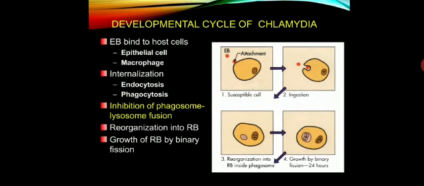Then they reorganize and convert into a reticulate body, and then the reticulate body grows by binary fission. The figure shows first the attachment of the elementary body to a susceptible cell, entering via phagocytosis, and then they reorganize and multiply by binary fission.